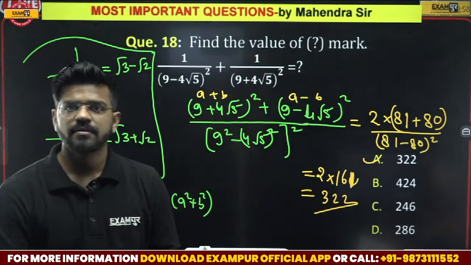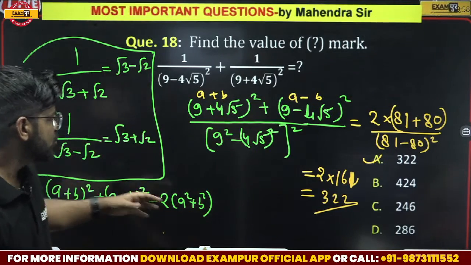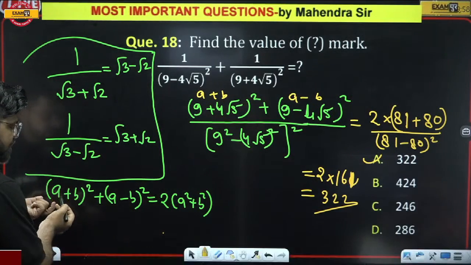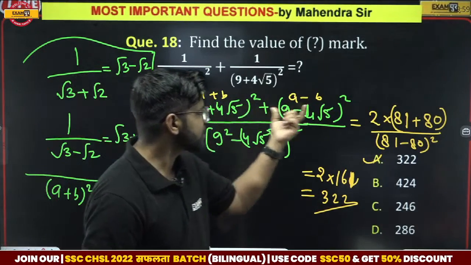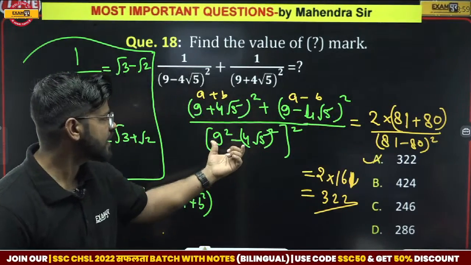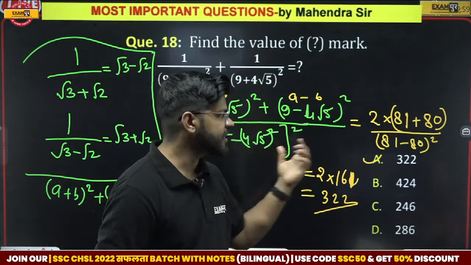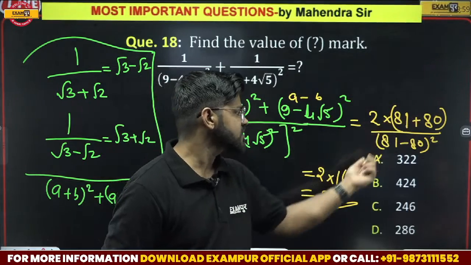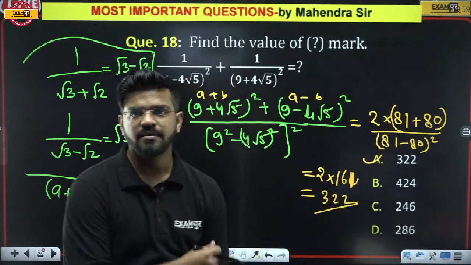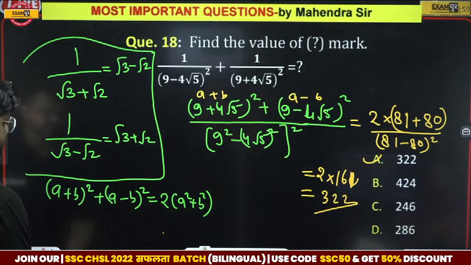Yes or no? Clear? So you should know that a plus b whole square plus a minus b whole square is equal to 2 times a square plus b square. You just apply it here and you will get the answer, and in the denominator we have just 1. Finally we get 2 into 161 multiplied by 2, and 322 is my correct answer.